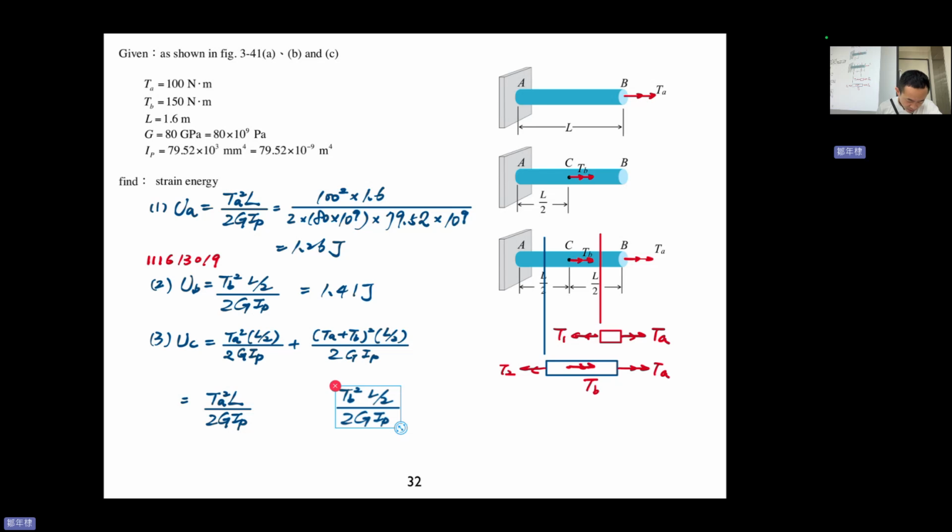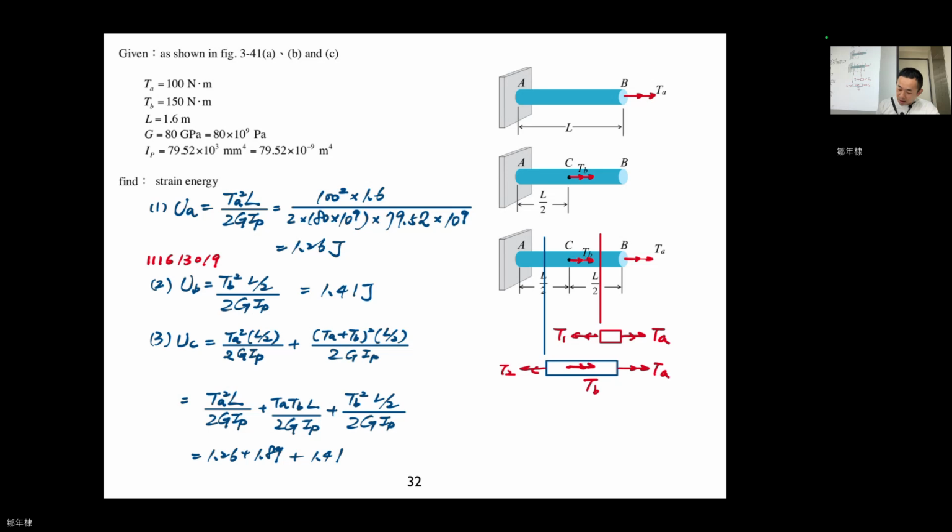And then plus TA TB L divided by 2 GIP. Again, notice that the value will be 1.26 plus 1.89 plus 1.41.